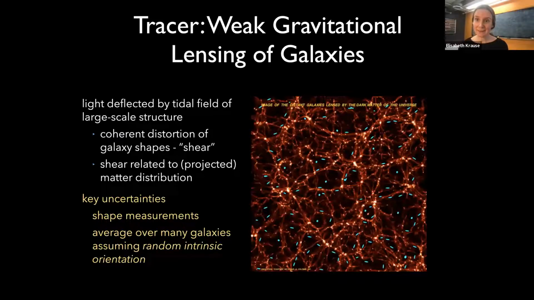Another measurement that we want to interpret is weak gravitational lensing of galaxies. This is the coherent distortion of galaxy shapes due to deflection by the tidal field of large-scale structure. The cartoon here on the right shows this exaggerated by about a factor of 100.